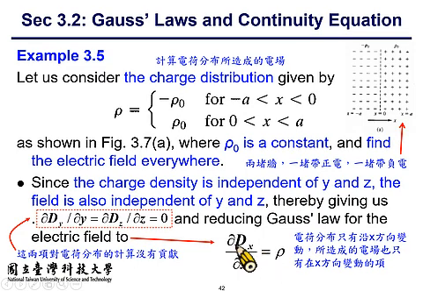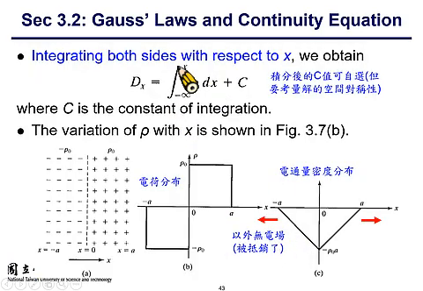So to find Dx, we take the line integral in the x direction on both sides. So Dx becomes the line integral of rho along the x direction, with a limit from minus infinity to your observation point x, plus a constant c. Again, we can determine c at the last step according to the problem geometry.